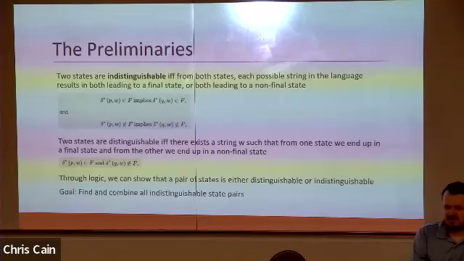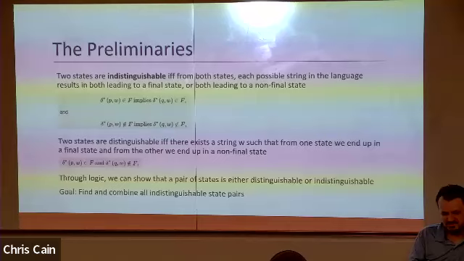Questions on kind of the preliminaries, the goal of the algorithm before we dive into how exactly we are going to try to measure this and find those distinguishable pairs? Good so far?